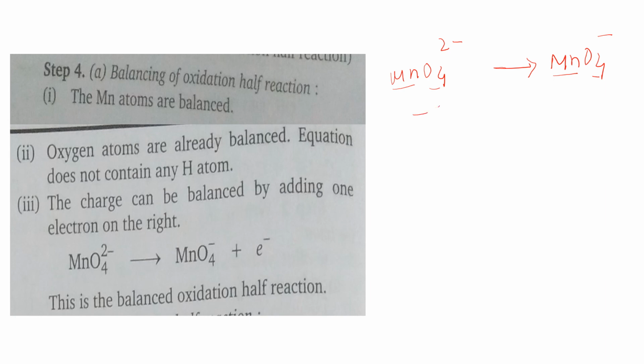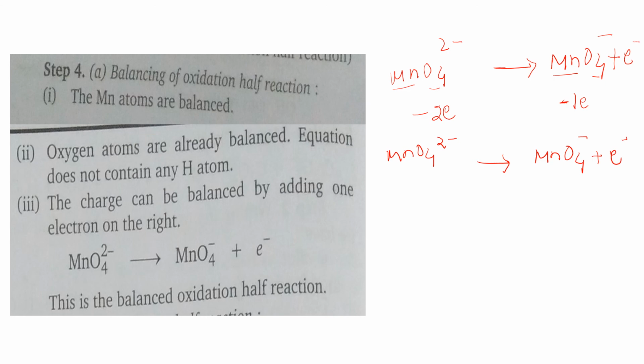This is minus 2 and this is minus 1. Okay. So what I have to do? I have to add 1 electron in the right hand side. So my balanced oxidation half reaction is MnO4 2 minus is giving you MnO4 minus plus e.